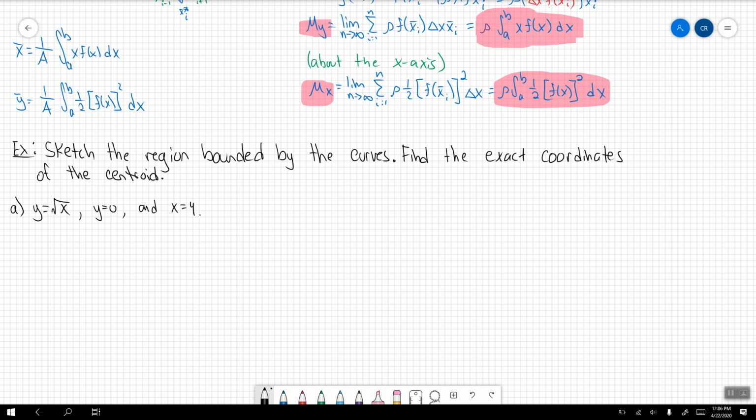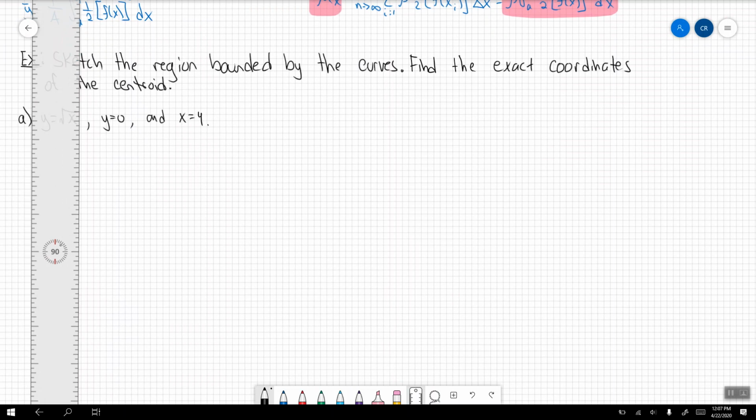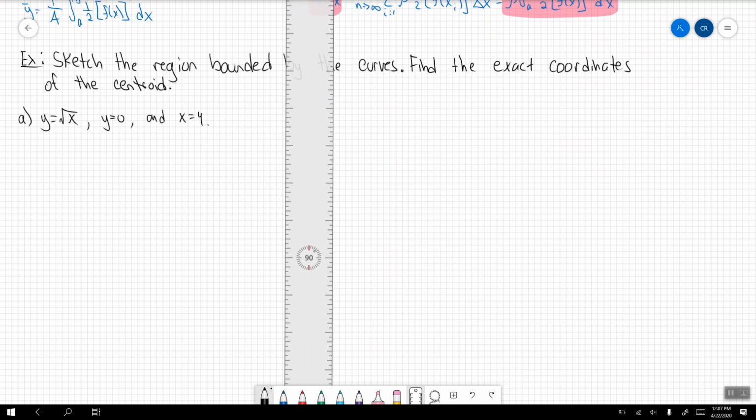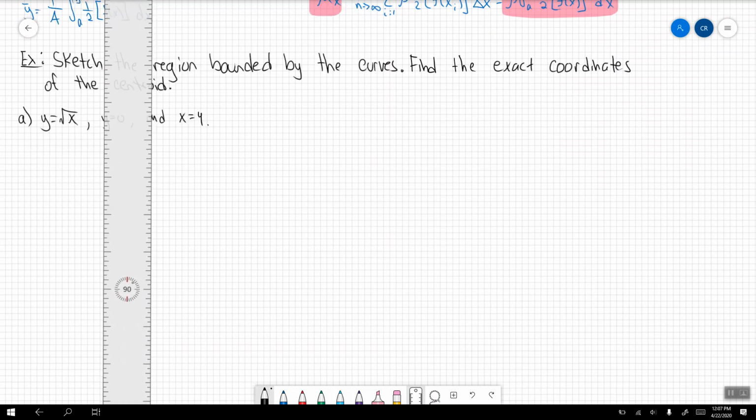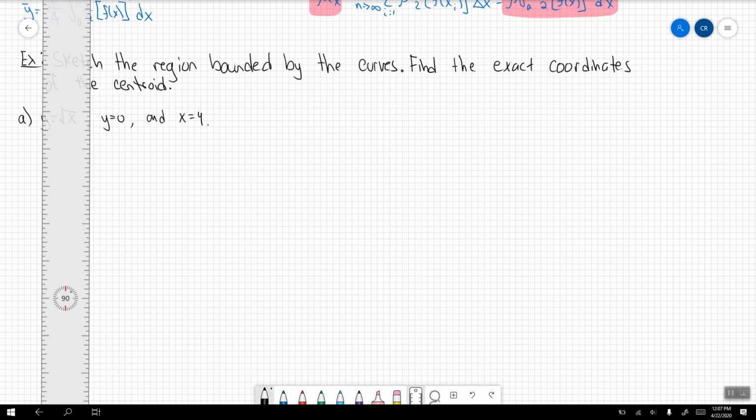All right, so the first job that we're going to have here is that we need to sketch this particular intersection. So that's exactly what we want to do first. So start getting a grid going, that way we can start viewing this and analyzing what we're going to need. All right, y is equal to 0, x is equal to 4. Looks like it's going to be in the first quadrant.